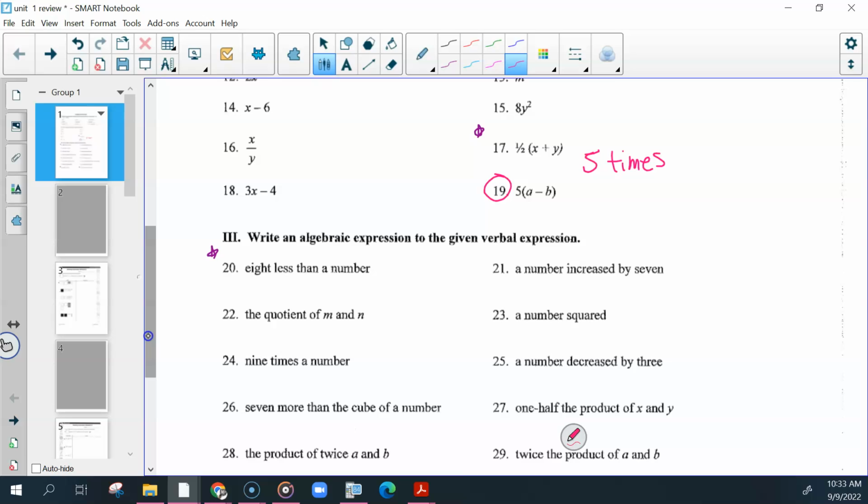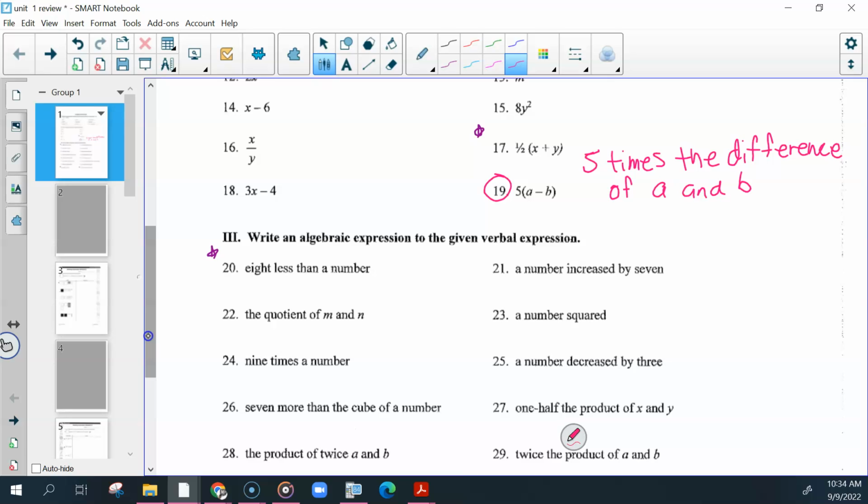Matthew: 5 times the difference of A. The difference of would say I'm multiplying to everything that's being subtracted. And then with the difference of, I just need to say what 2 things are being subtracted. So the difference of A and B, the and tells us these 2 things are being subtracted. And that would work.